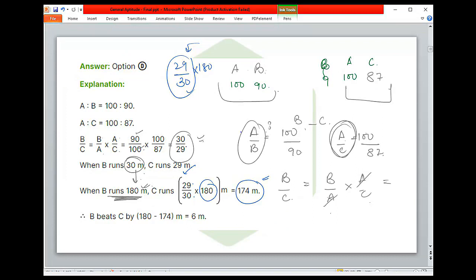So when B is running 180, C is running 174. What is the gap between the two? 6 meters.